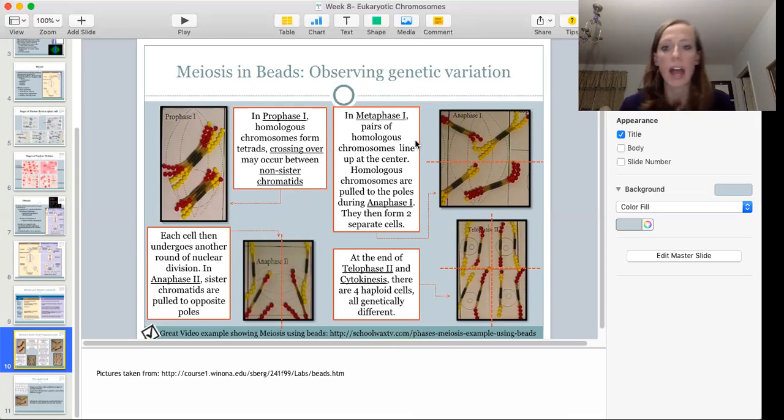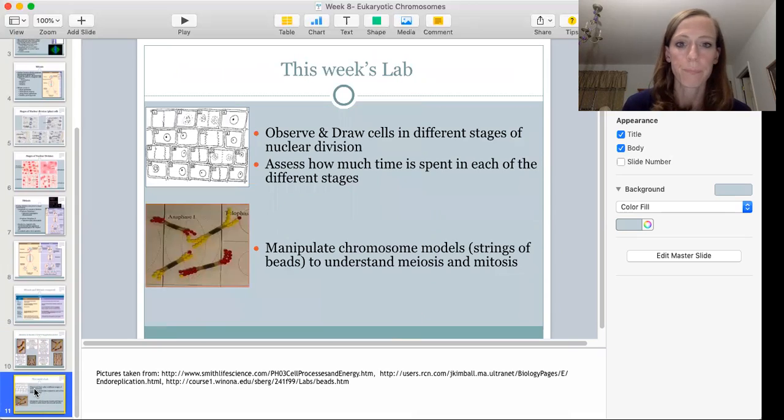Okay, and then in meiosis 1, the homologous chromosomes are split between the 2 daughter cells, and then in meiosis 2, you've got the sister chromatids divided then between now 4 daughter cells from the 1 parent cell. Okay, so we're going to be working with beads in lab to show each of the stages of meiosis.